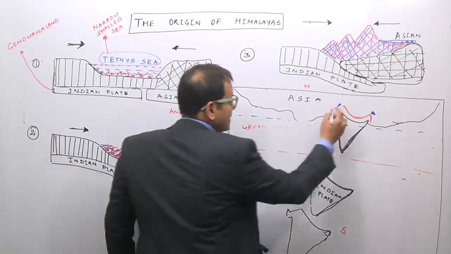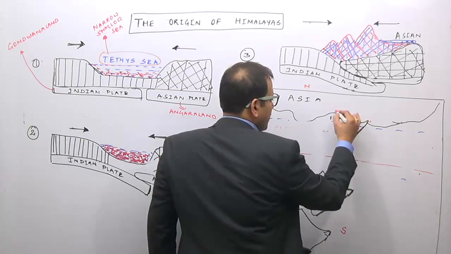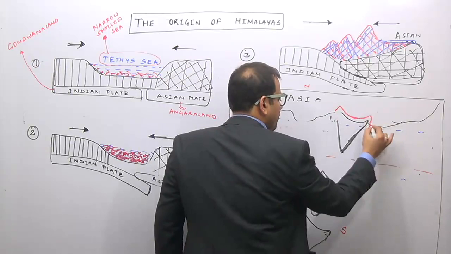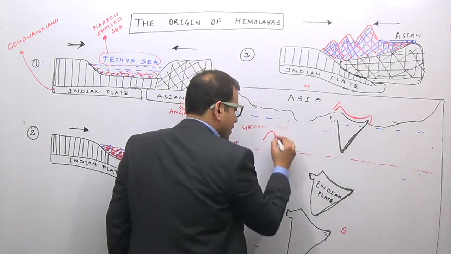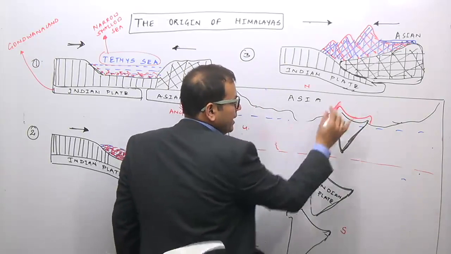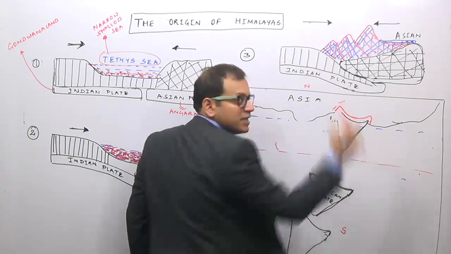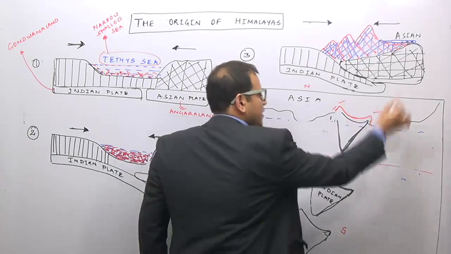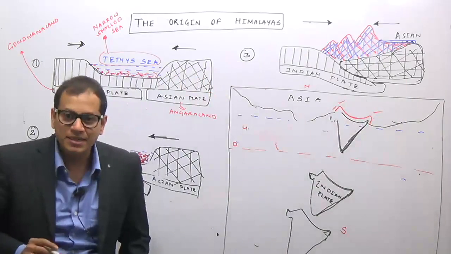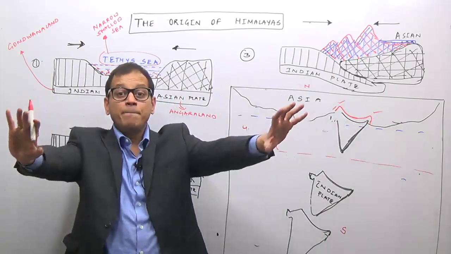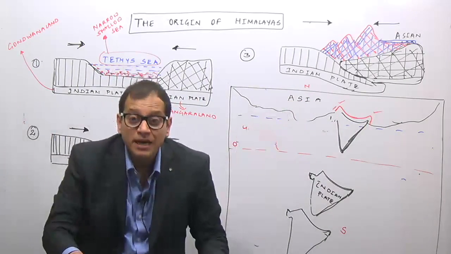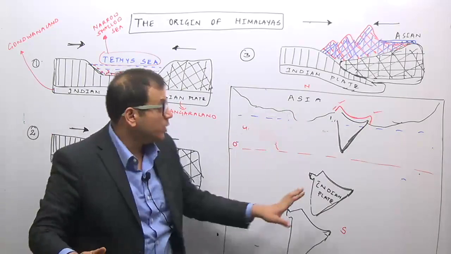Why do the Himalayas have a syntaxial bend, or why do we always show that they have a U-turn like bend or a hairpin bend at these two parts? This is one part where the hairpin bend is. This is the other part where the hairpin bend is. These hairpin bends in the Himalayas are because of the maximum push offered by the peninsular plateau through its arms.